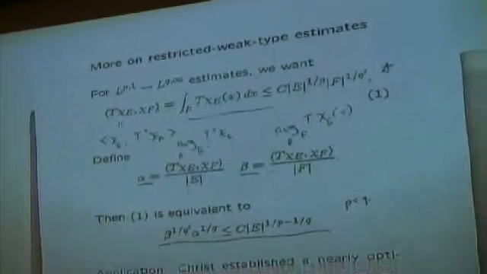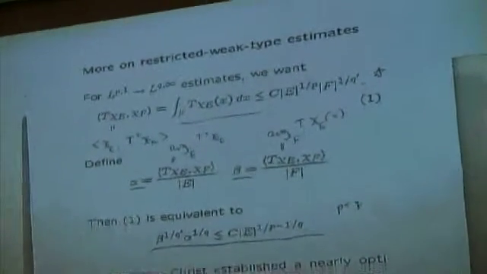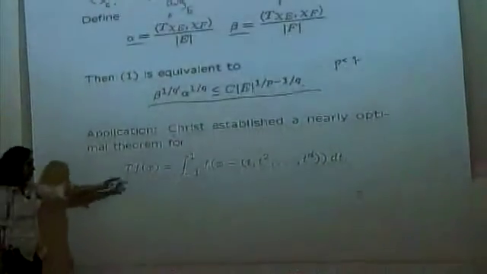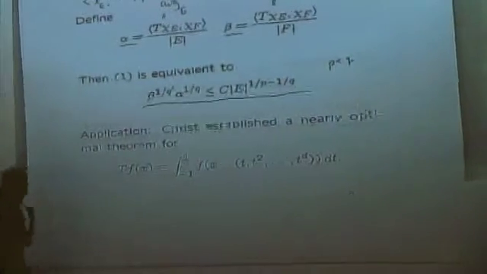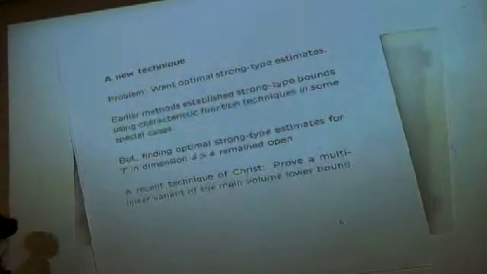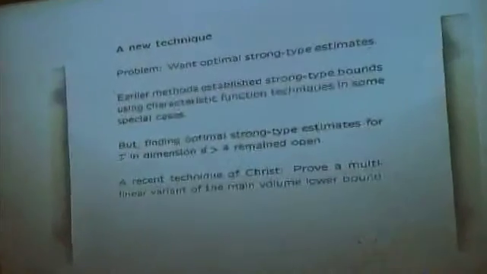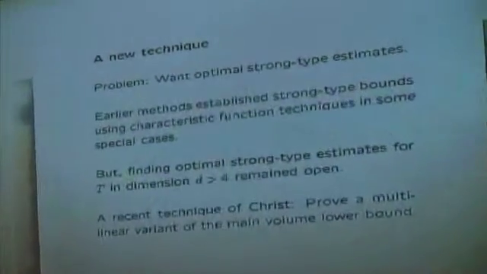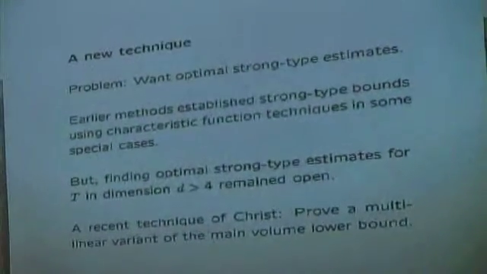As an application of this technique, Christ established a nearly optimal theorem for this operator, the convolution with affine arc length along the moment curve. What he established were restricted weak type bounds, and what one wants are optimal strong type estimates.